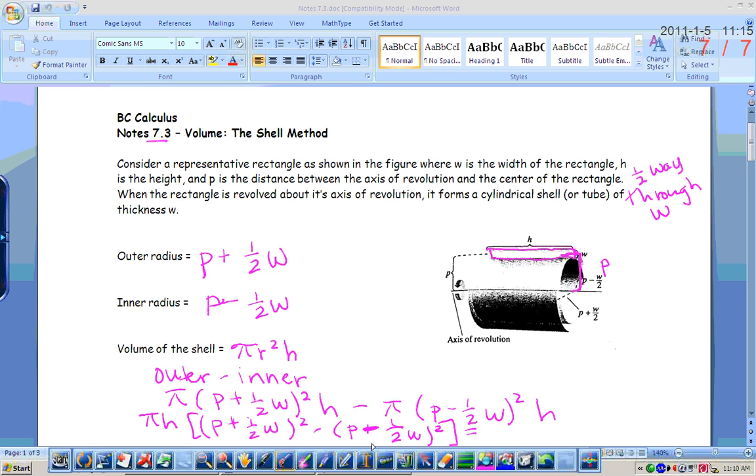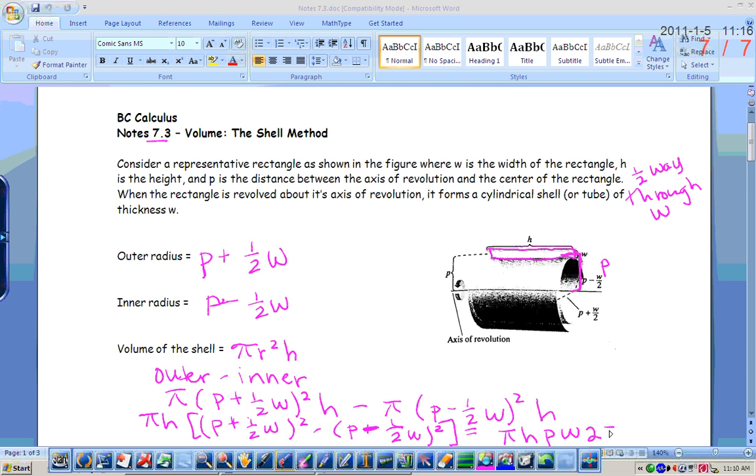If you FOIL both of those out and combine all of your like terms, then you get something very simple: 2 times P times W. I should have probably put the 2 in front. So this whole bracket, if you FOIL that out and combine like terms, you're going to get 2PW.